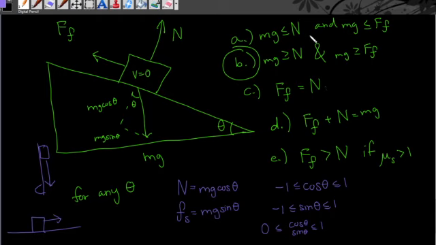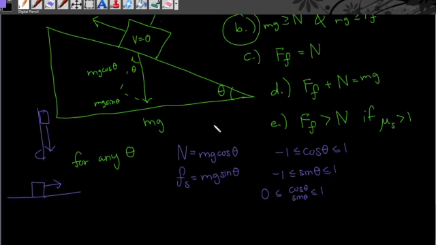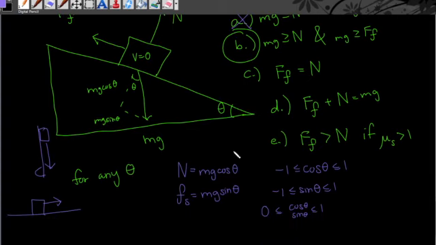But here, the gravitational force is always greater than or equal to the normal force, and to static friction. So A is obviously not true. And just from knowing how theta works, well, we can obviously see B has to always be true.